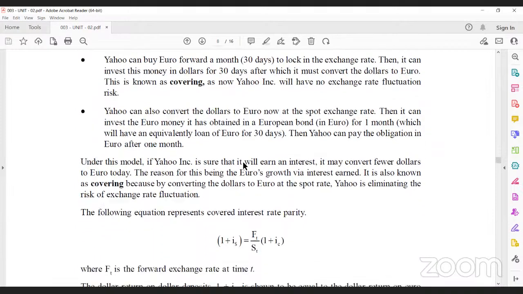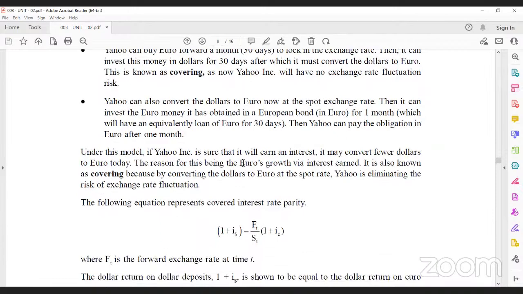Another way is to convert the dollars to euro first at the spot exchange rate, then invest in euro money. First convert dollars into euro, then invest in euro money in a European bond or anything. For 1 month you can invest, and then Yahoo can pay the obligation in euro after 1 month.